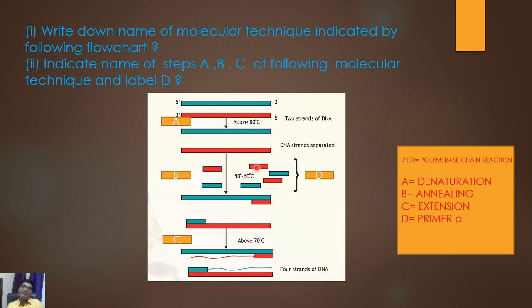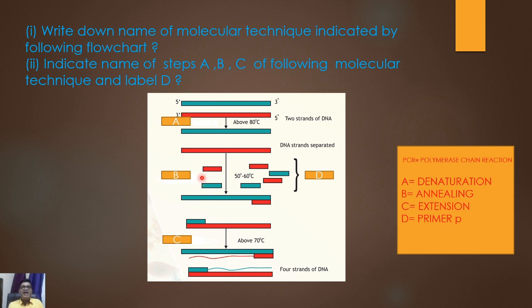You know what a primer is? A known sequence of DNA that is complementary to the 3' end of the single-stranded template DNA. Here, these are two different strands, and at high temperature there is breaking of hydrogen bonds at 94 or 95 degrees Celsius. Both are going to separate. This process is denaturation.